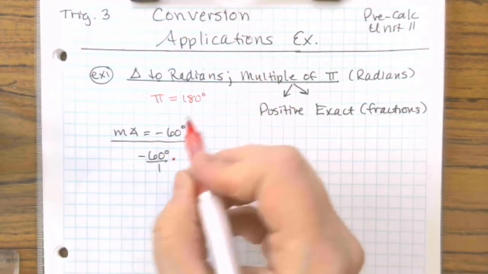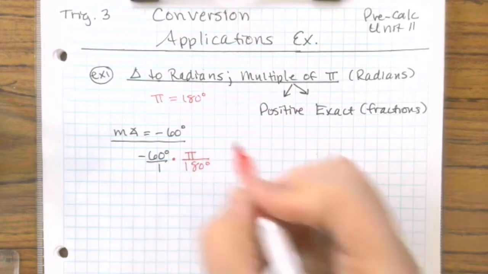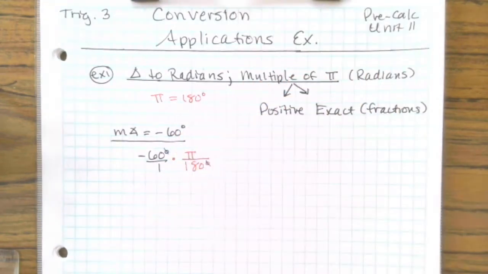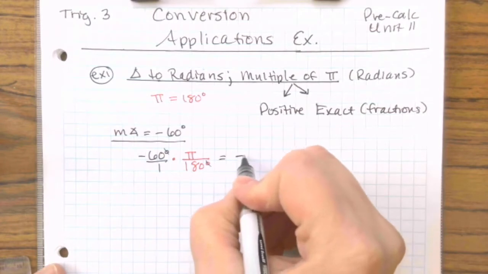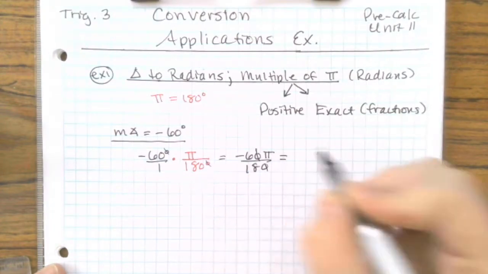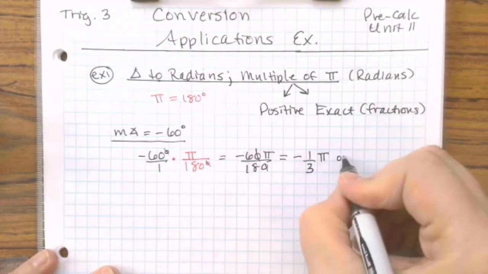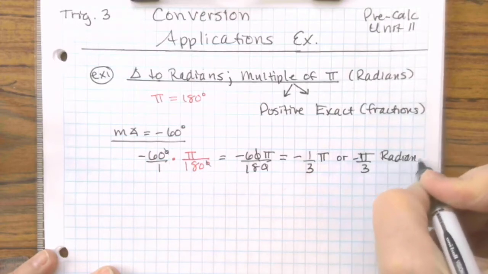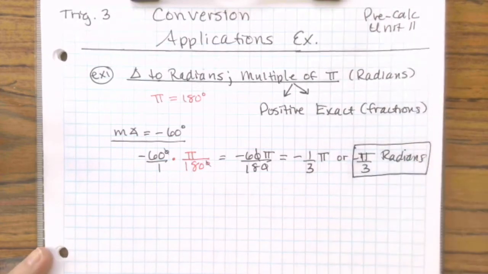I want degrees to cancel, so the 180 will go on the bottom, and the pi radians will go on the top. That way, degrees and degrees cancel out, and that gives us negative 60 pi over 180. Take a 0 off. That's basically negative 1/3 pi, or negative pi over 3 radians.